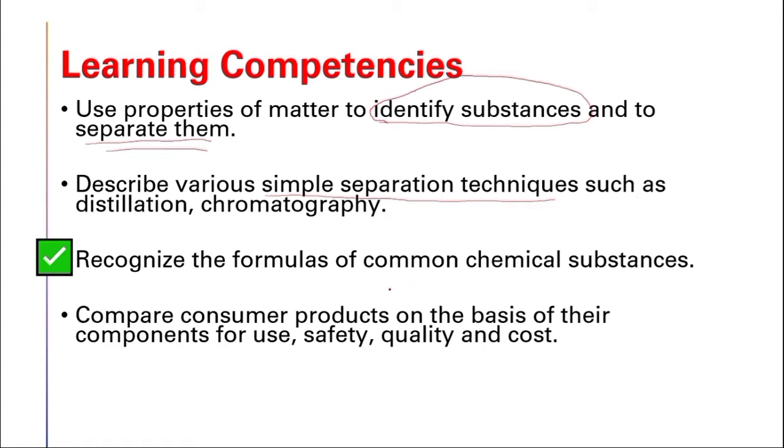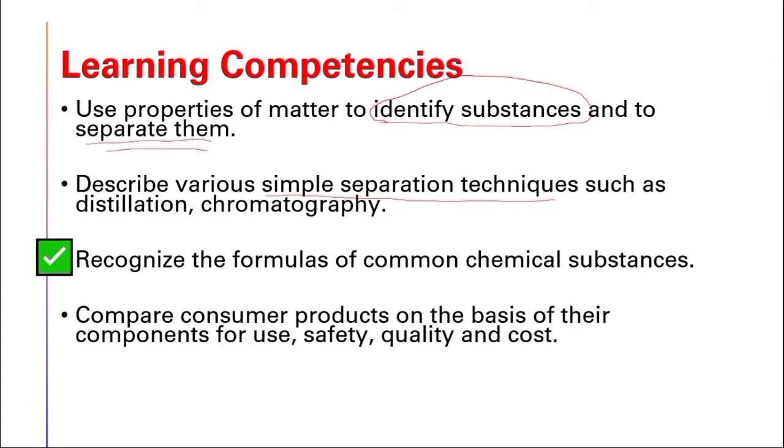Now, for the third learning competency, recognize the formulas of common chemical substances. We were already able to cover that in our pre-learning homework. So, all you have to do is memorize the common chemical substances na nasa bahay natin o kaya sa paligid natin. And then, memorize din yung chemical formula or chemical name nila.